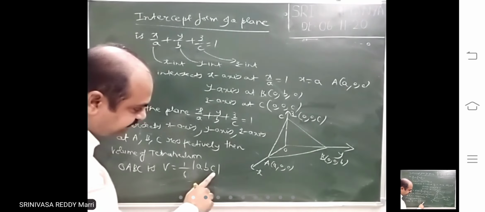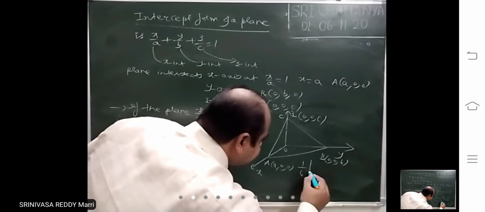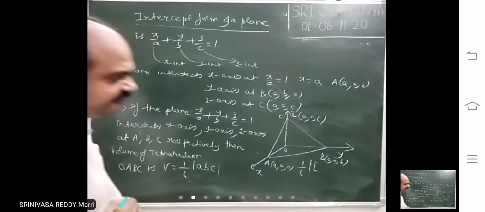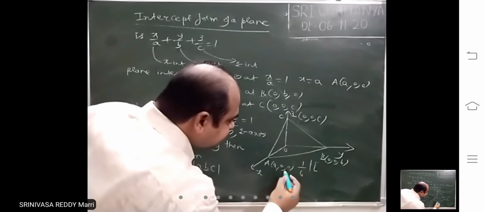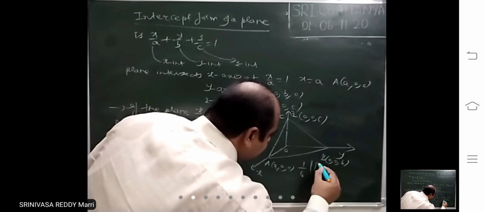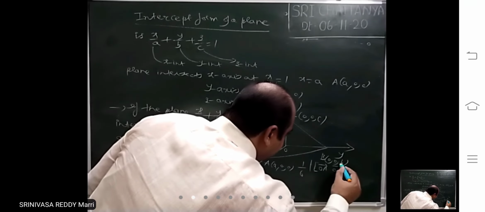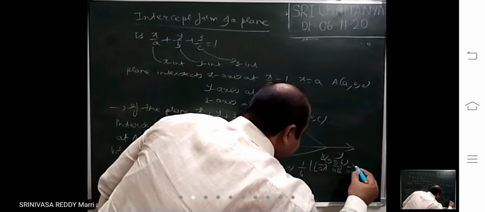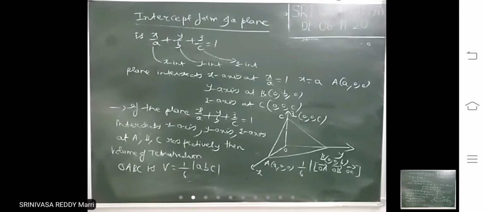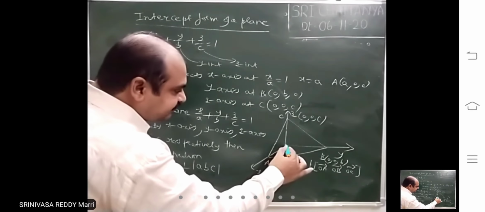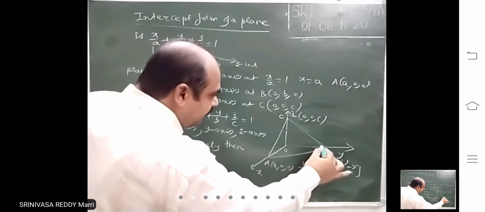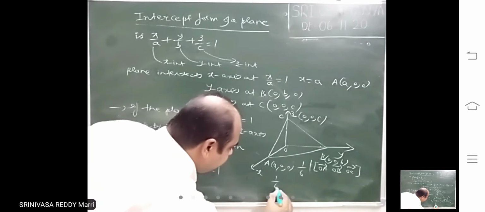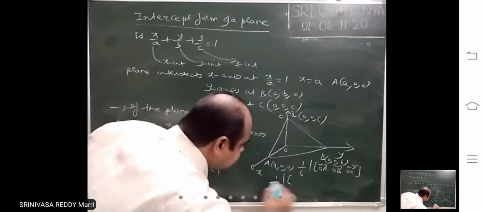Now volume is actually 1 by 6 into the box of OA bar, OB bar, OC bar. In vector form, the volume is 1 by 6 into the box of the edges OA, OB, OC. That means 1 by 6 into modulus.